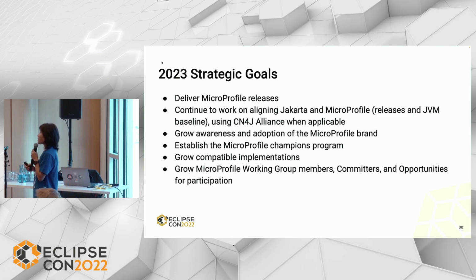The other thing is that MicroProfile and Jakarta EE work very closely together. We want to continue to align with the Jakarta EE releases. And also we want to grow awareness and adoption of the MicroProfile brand, and hopefully with education, etc., more projects can adopt MicroProfile.